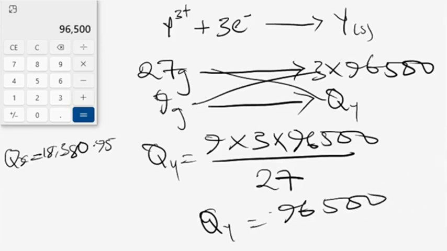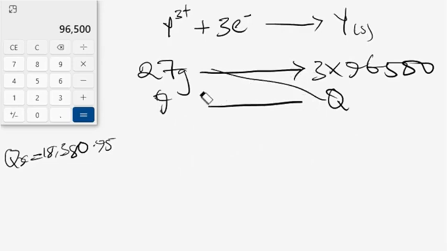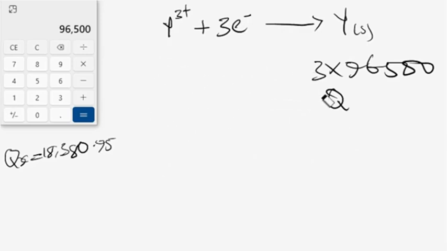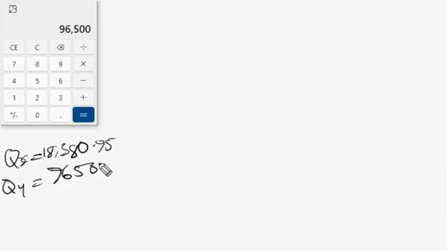So let's go ahead and wipe these off. So having Q for y to be 96,500, we are going to establish the costs now.